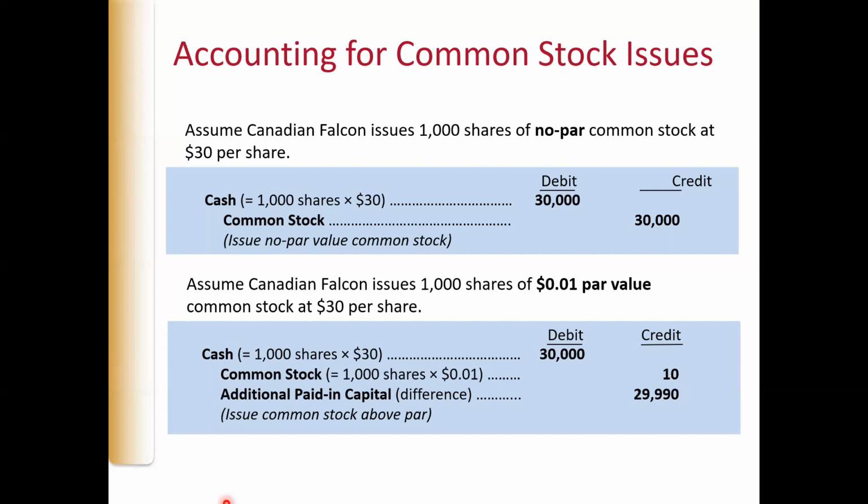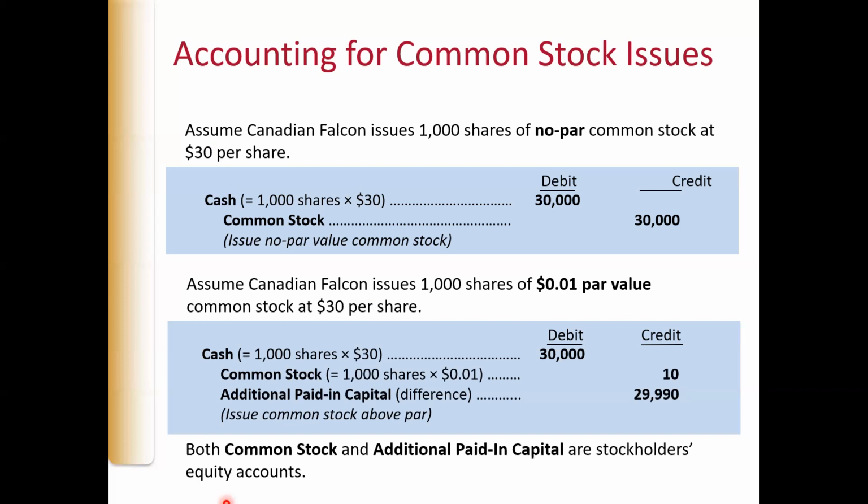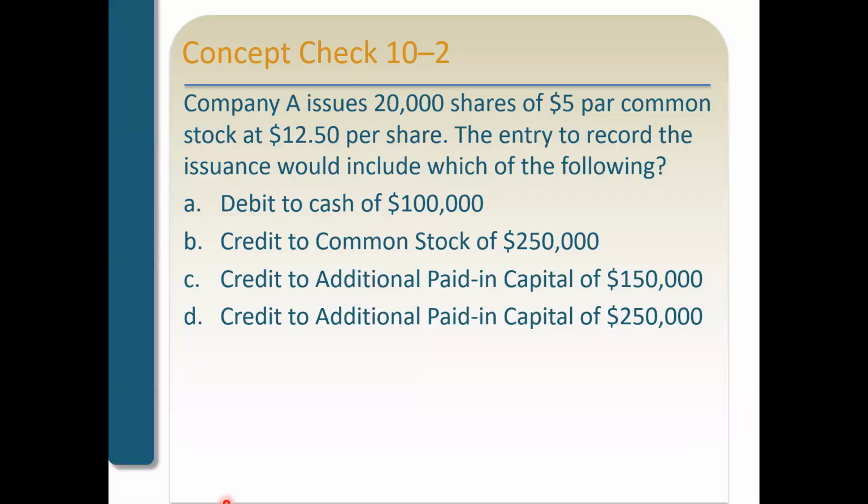So if we have 1,000 shares at 1 cent par value, we credit common stock at $10. And the difference we apply to additional paid-in capital, $29,990. Both of these are still stockholders' equity accounts, but we just do it a little differently when we have par value versus no par value.